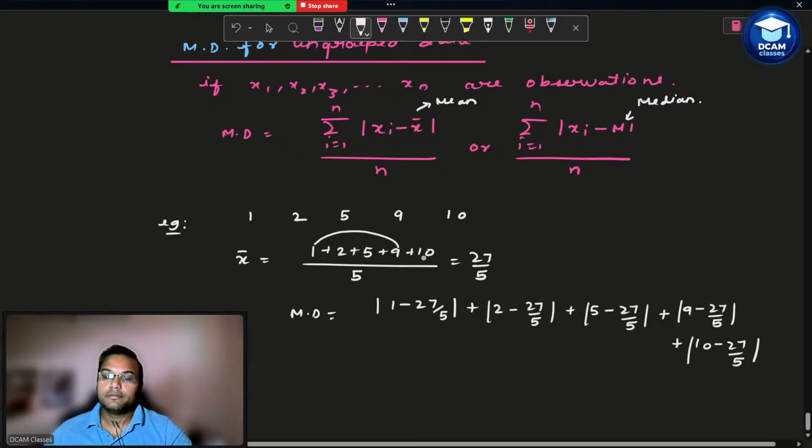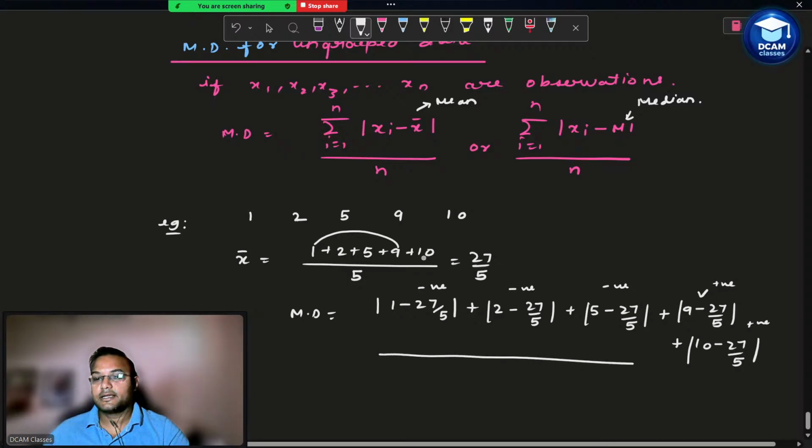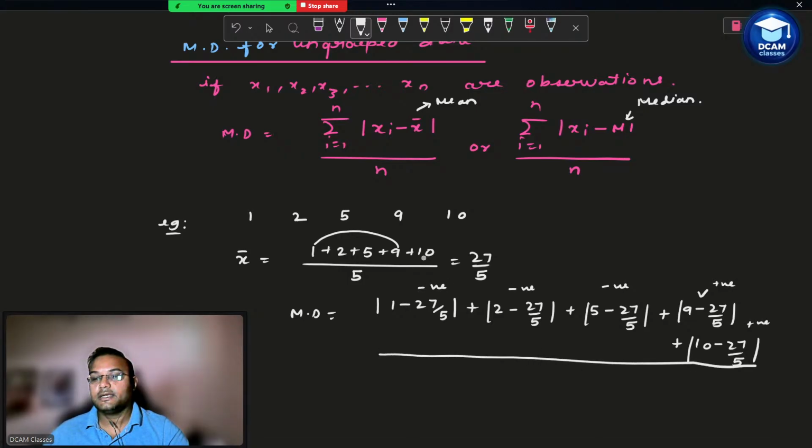Most probably these values will be positive and these will be negative, but there is also a division by n, so the whole is divided by 5.